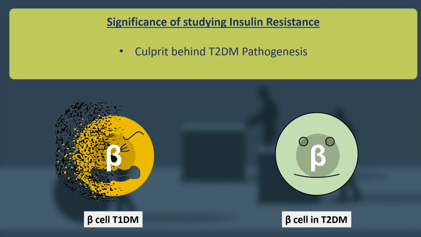Even the insulin level might be higher than normal. So that is quite counterintuitive, that insulin is there, its level is either normal or even more than normal, especially initially. But still there is hyperglycemia. So that is why, to understand type 2 diabetes mellitus and its pathogenesis, you must understand what is insulin resistance.